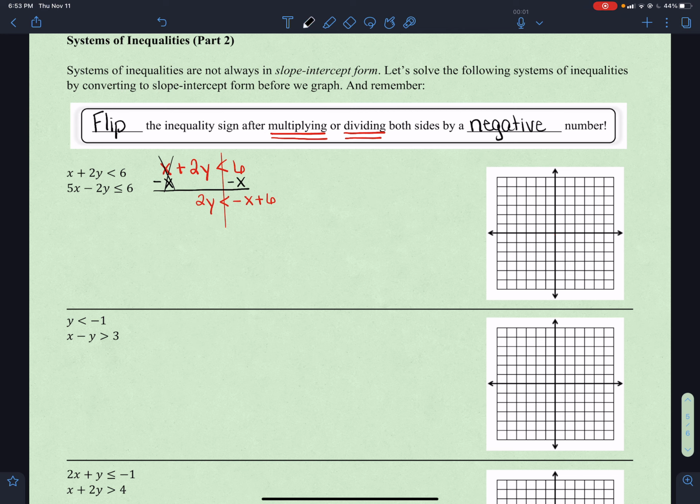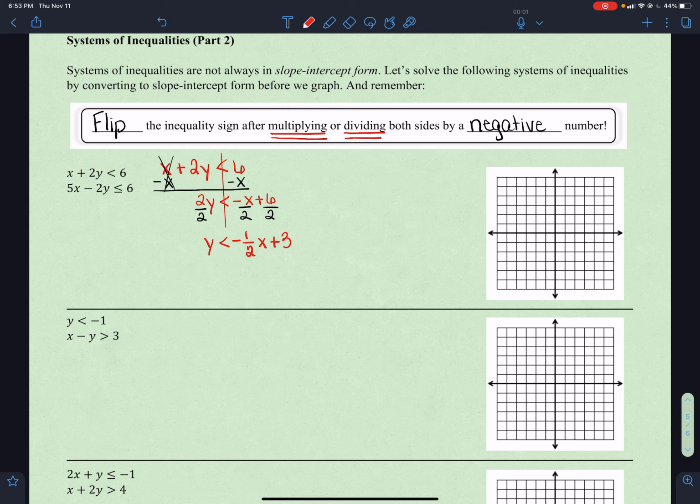Then to continue to get y by itself, I'm going to divide every term by that coefficient of 2. So then we have y is less than negative 1 over 2x plus 3. Again, I did not flip the inequality because I did not divide or multiply by a negative number.